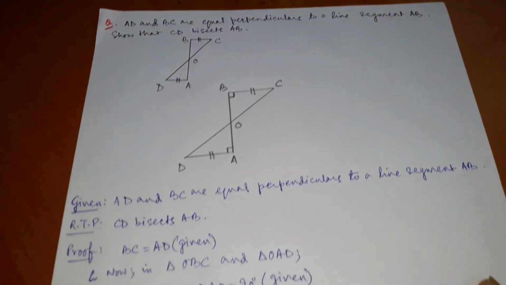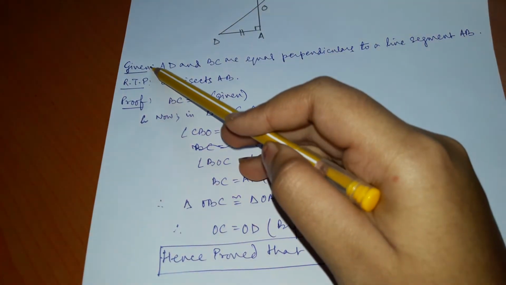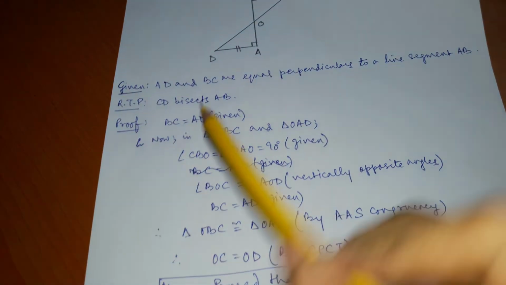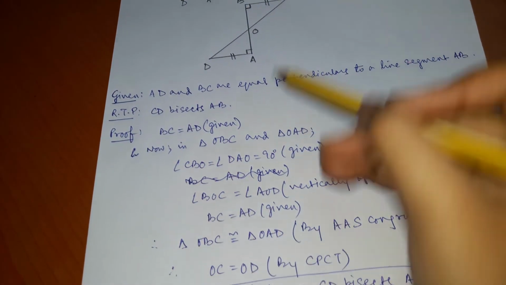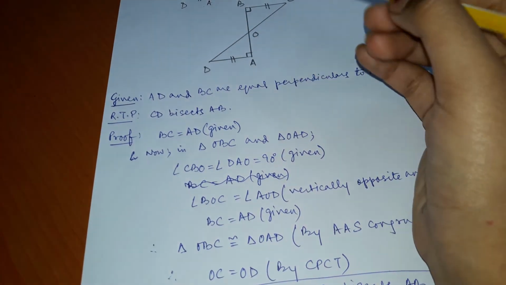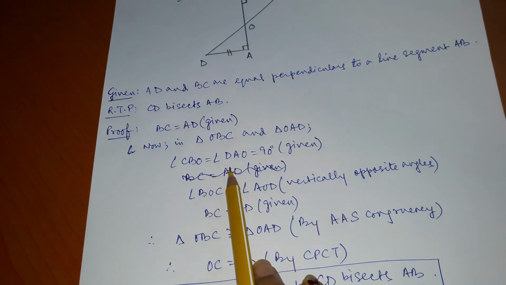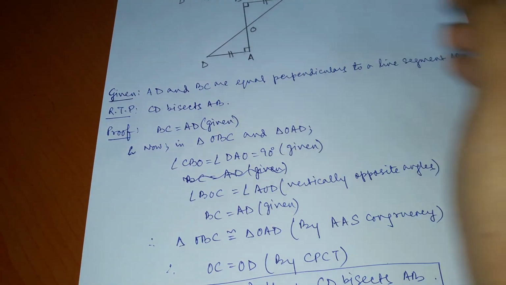Come to the solution. As usual we have written given, then RTP, then comes our proof. In the proof, BC equals AD, we are given. Now in triangle OBC and triangle OAD, we are given angle CBO equals angle DAO equals 90 degrees. These two equal angles are 90 degrees.